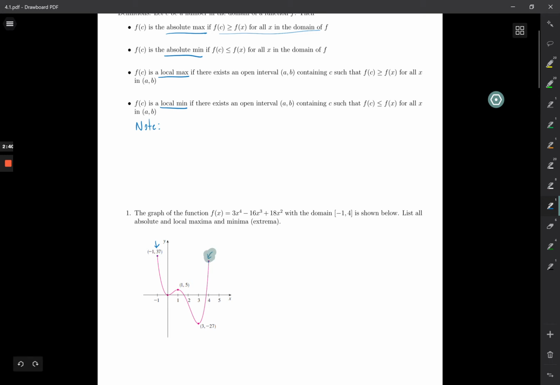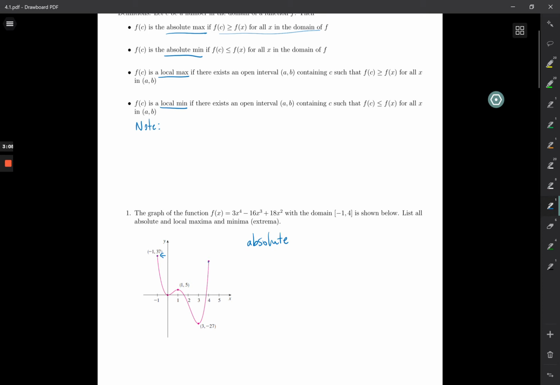Okay, so we want to find all the extrema, and so let's start with the absolute max. The absolute max is the highest value that the function attains, and we can see that the highest point on the graph is this right here, and the value of the function at that point is 37.